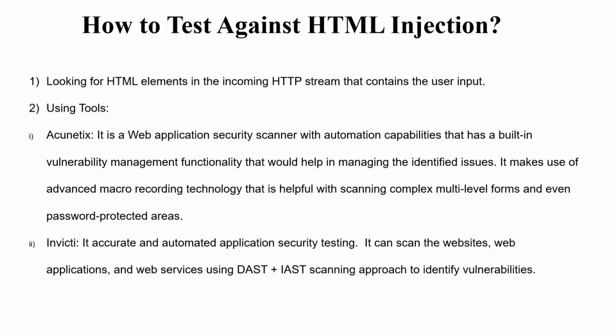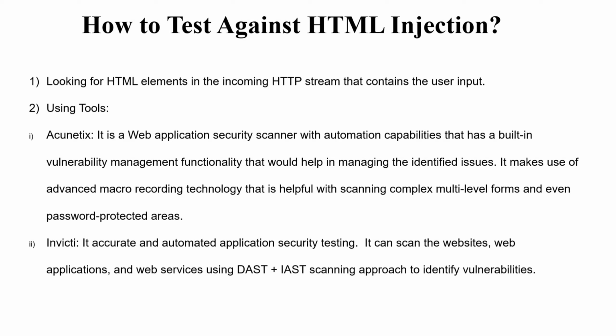So how do we test for HTML injection? There are multiple ways to do this. One of the ways is looking for the HTML element in the incoming HTTP stream that contains the user input. Alternatively, you can also use tools such as Acunetix and Invicti. Acunetix is a web application security scanner with automation capabilities and built-in vulnerability management functionality that helps in managing the identified issues.